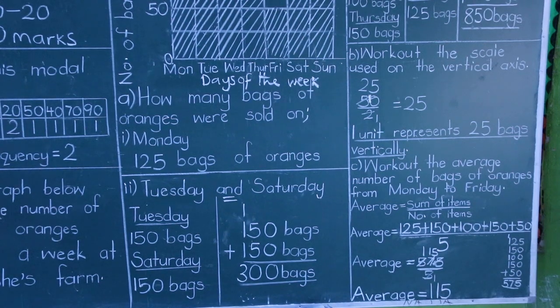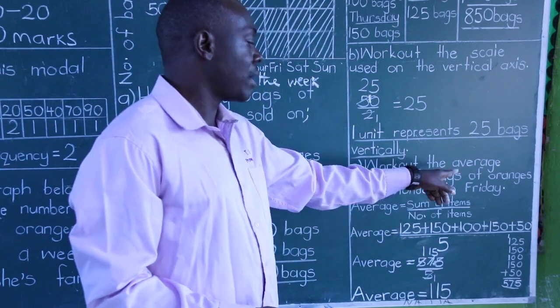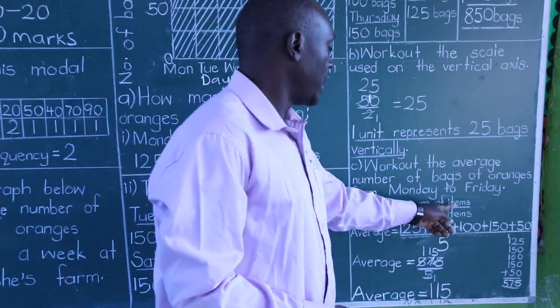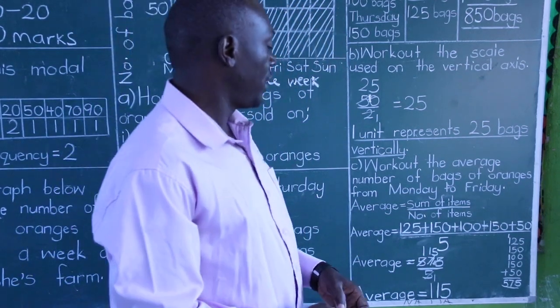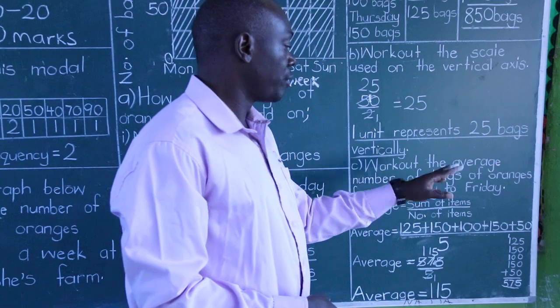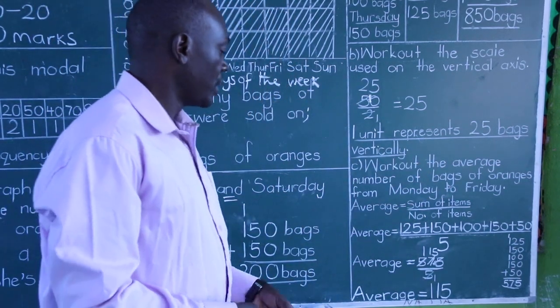Mean is got by sum of items divided by number of items. So average equals sum of items divided by number of items. Remember, we're dealing with days Monday to Friday only. This time Saturday and Sunday are excluded.